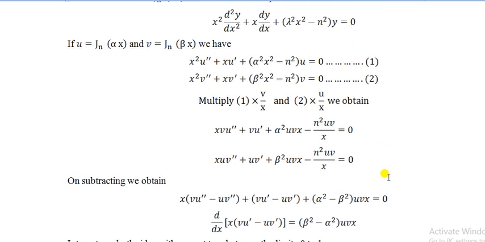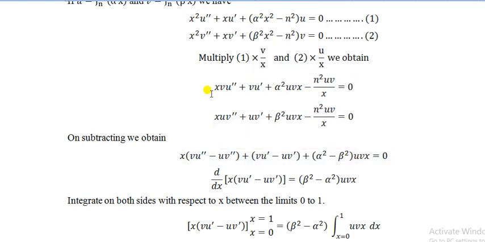Now we subtract them. Here x is the common term in x v u'' and x u v'', so x into the bracket (v u'' minus u v'') plus (v u' minus u v'), plus u v x is the common term, so (alpha squared minus beta squared) u v x.